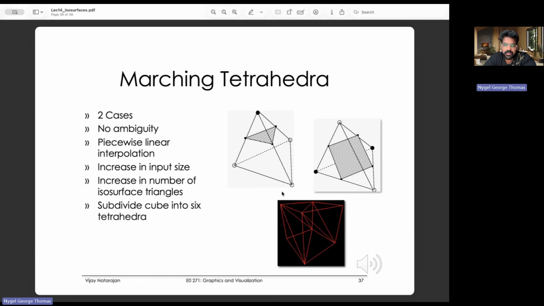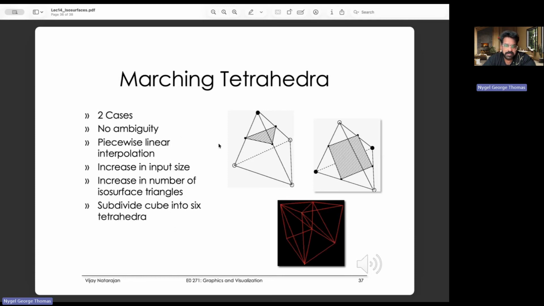And there are only 2 cases: where you have one positive and 3 negatives, where the three positive and one negative case is symmetric to that, and the other case where you have 2 positives and 2 negatives. In the case where you have a single positive and 3 negatives, or the other single negative and 3 positives, you get a triangle as the isosurface. And in the 2 positive and 2 negative case, you get a quad which can be separated into two triangles.